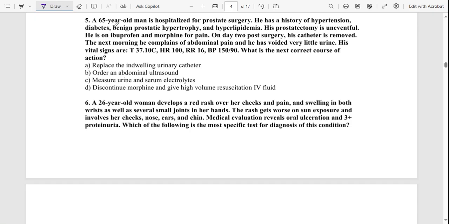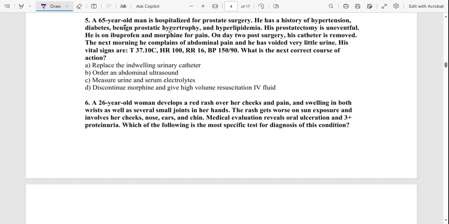Number five is saying a 65-year-old man is hospitalized for surgery. He has a history of hypertension, diabetes, benign prostatic hypertrophy, hyperlipidemia. His prostatectomy is uneventful. He is on ibuprofen and morphine for pain. On day two post surgery, his catheter is removed.